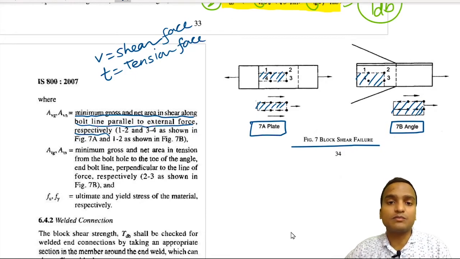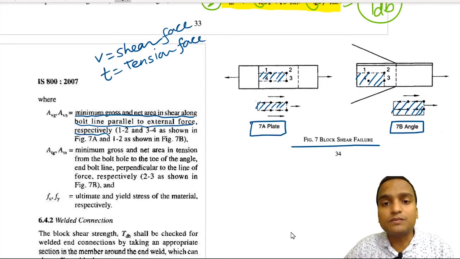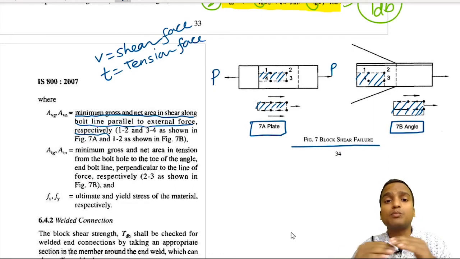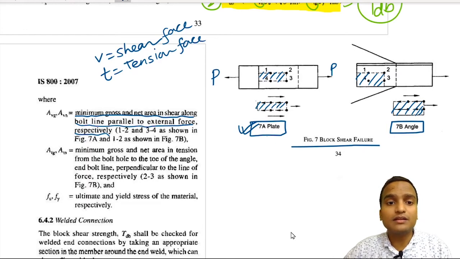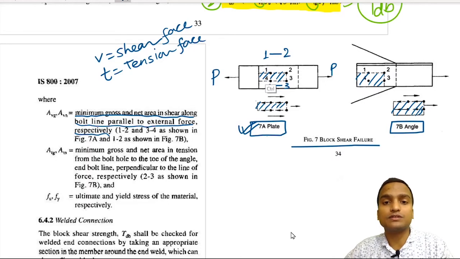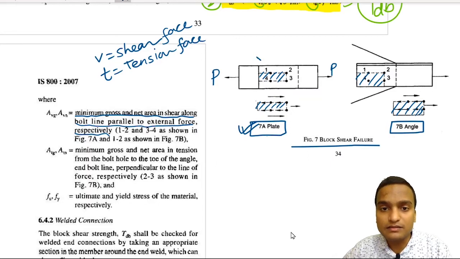In this case, if we look at the face which is parallel to the external force, shear is parallel to the external force. Just like in figure 7a, it is faces 1 2 and 3 4. These two faces are subjected to shear forces, and the sign of forces is also represented like this.